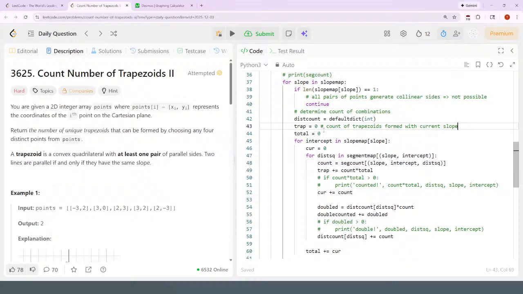Total is going to be the count of prior line segments with the slope.